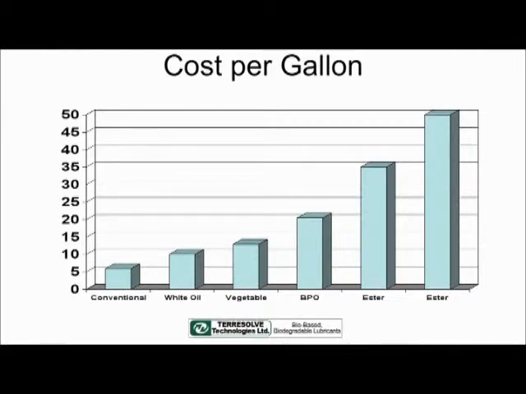A white oil, which is the inherently biodegradable type of oil, cleaner, more refined, runs in the $10, $11 per gallon range. The vegetables are probably in the low teens per gallon range. The HEPR, the biopolyolefins, are in the $20 to $25 range, and the esters run as much as $35 to $50 per gallon, depending on the type.